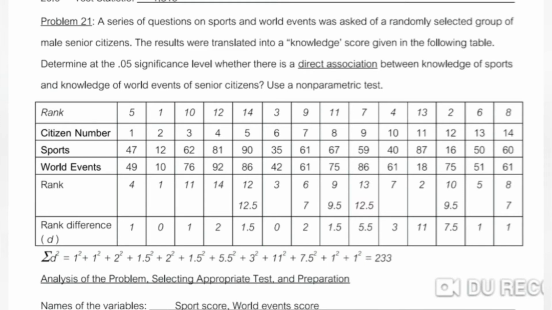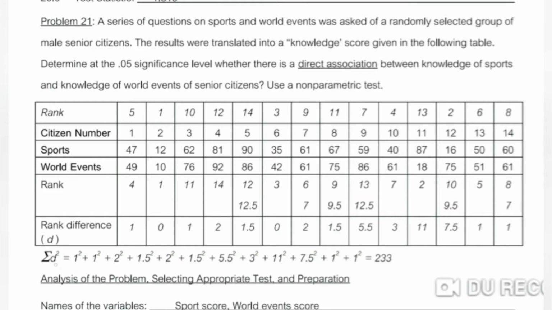Therefore, if you write negative 1, no effect. So for simplicity, you write only positive. Citizen number 4, rank 12, rank 14. So rank difference is 2, and so on. Now you get the rank difference d variable, from left to right, 1, 0, 1, 2, 1.5, 0, 2, 1.5, 5.5, and so on.